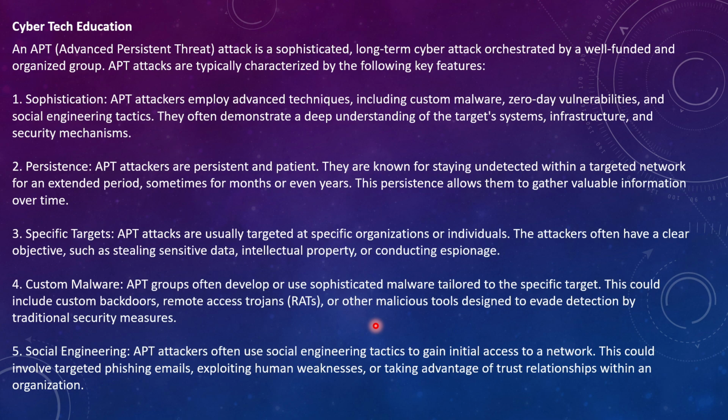Persistence: APT attackers are persistent and patient. They are known for staying undetected within a targeted network for an extended period, sometimes for months or even a year. This persistence allows them to gather valuable information over time on a specific target. APT attacks are usually targeted at a specific organization, or we can even say individuals.